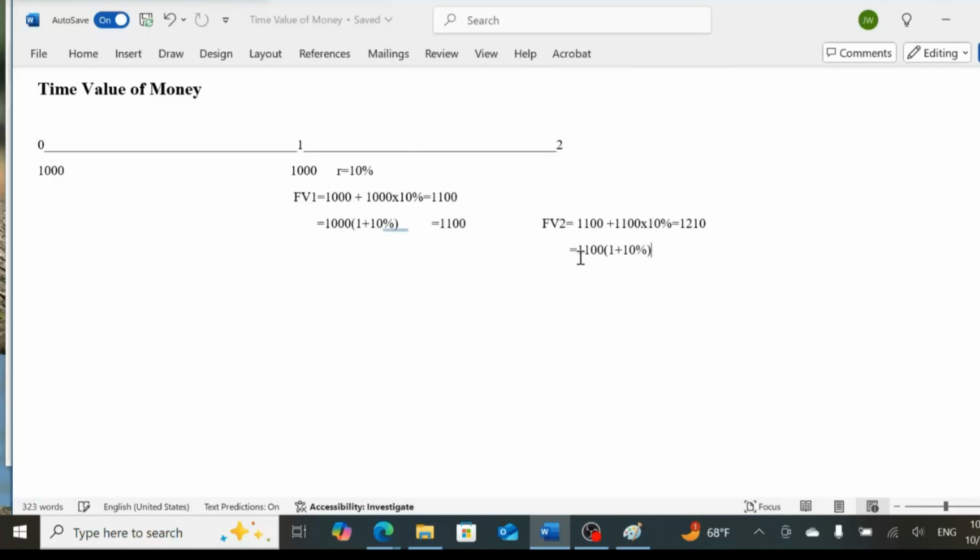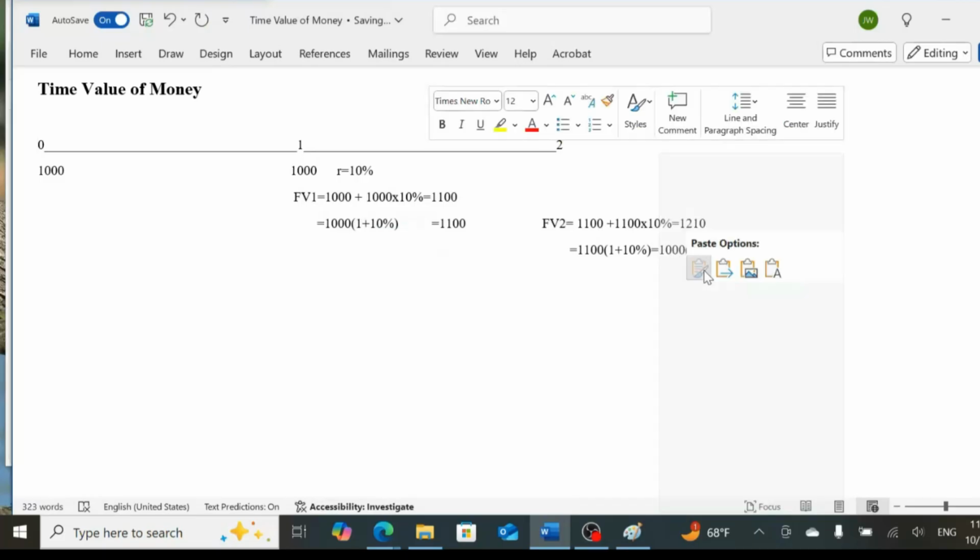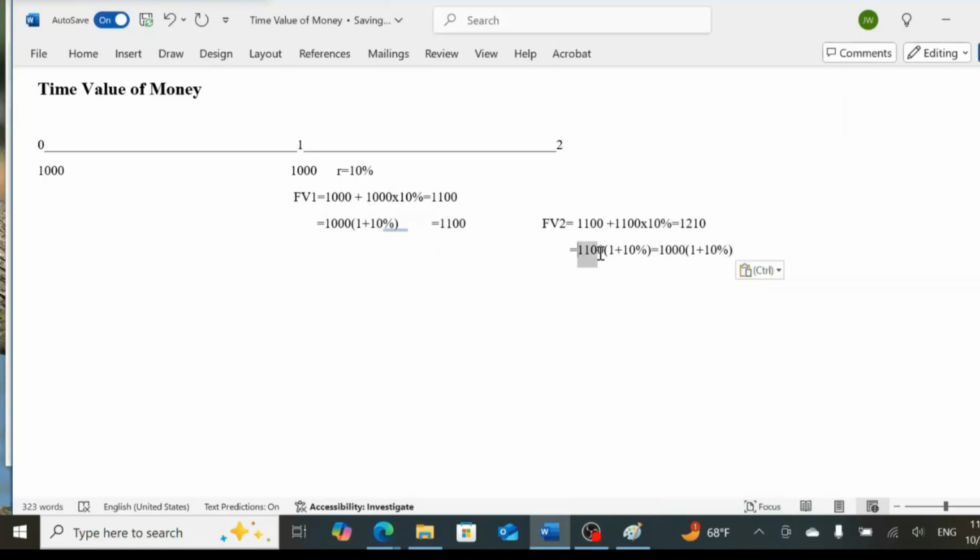But we know this 1,100 is FV1, so we replace it, and you need to multiply.